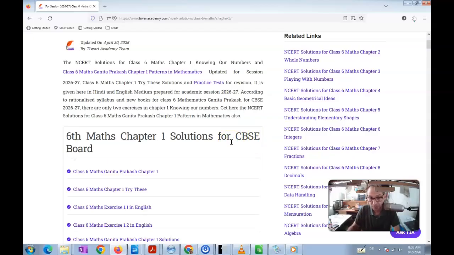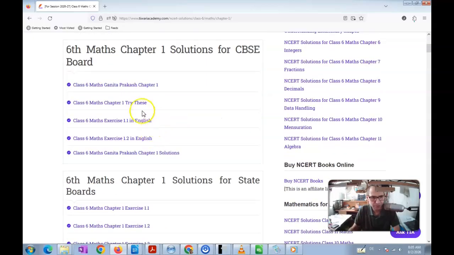Now, you see over here we have class 6 math Ganita Prakash chapter 1, which is the new, updated set of textbooks which we are not using right now. Or for example, class 6 math chapter 1 try these. These are the try these questions that come in the text.